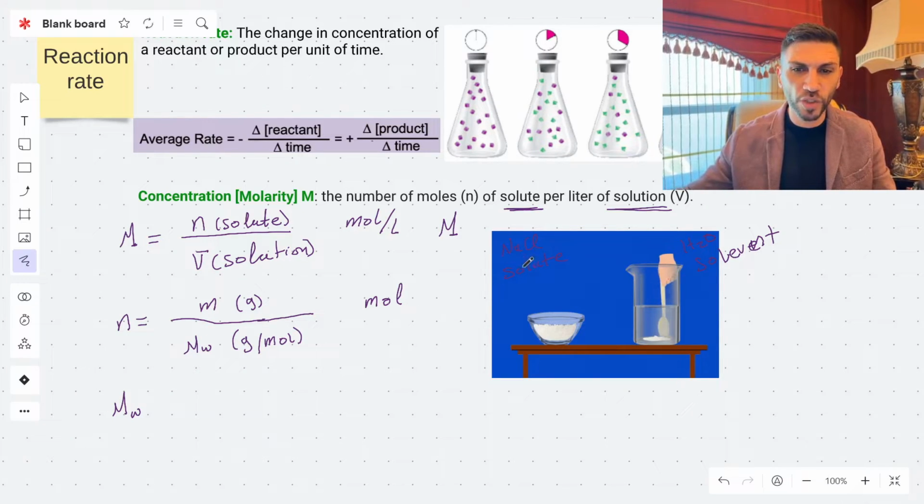So for example, if we are talking about the molar mass of H2O, it equals to how many atoms of hydrogen in this formula? We have 2.